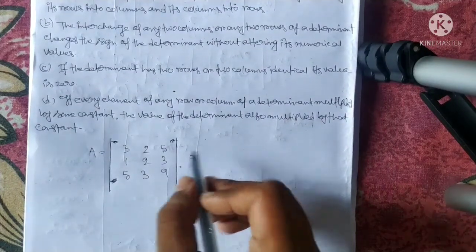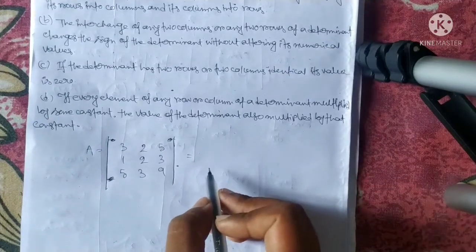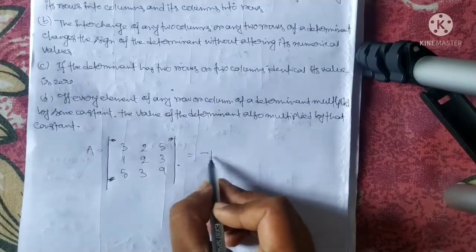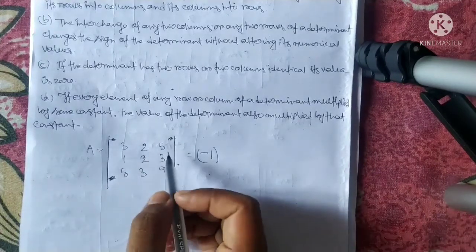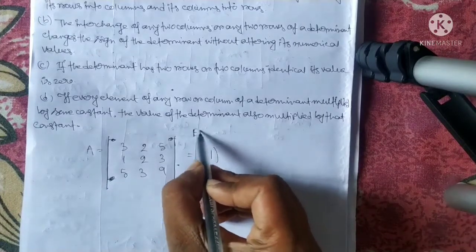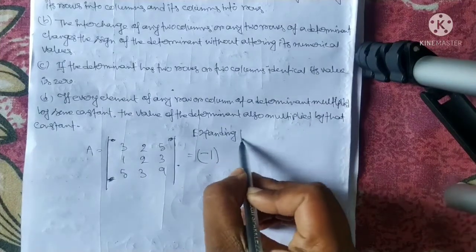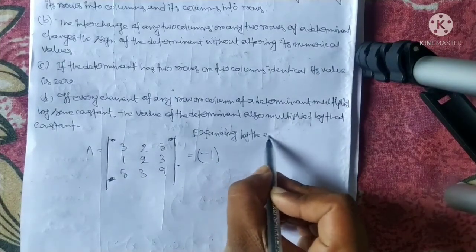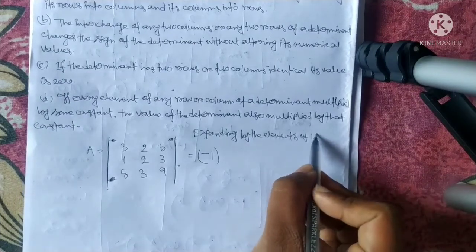Do you know how to calculate the value of the determinant? I am telling you. At first we should write -1, then this is the first row and first element we are taking. We are expanding by the elements of the first row.